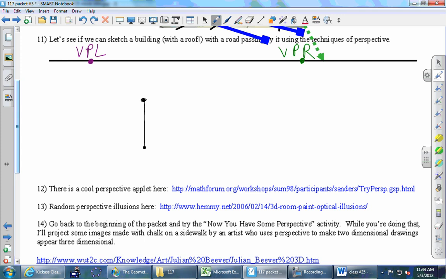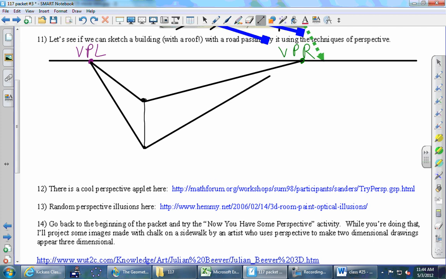Connect each of those points to each of the vanishing points. 4 lines with a straight edge. So we should have 4 new lines drawn in.